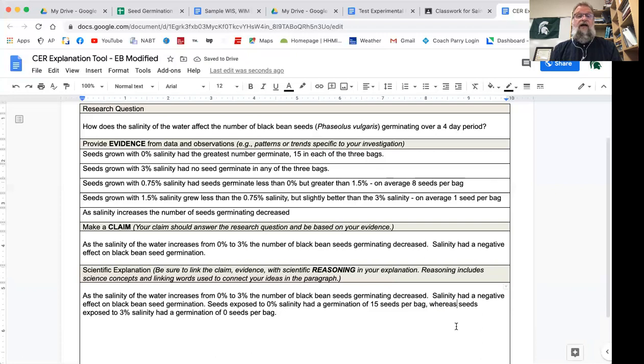It appears as salinity increases, the number of seeds germinating decreases. Period. End of explanation. But I have my claim. I have, in this case, 5 pieces of supporting evidence, and then I sum it up with a final statement.